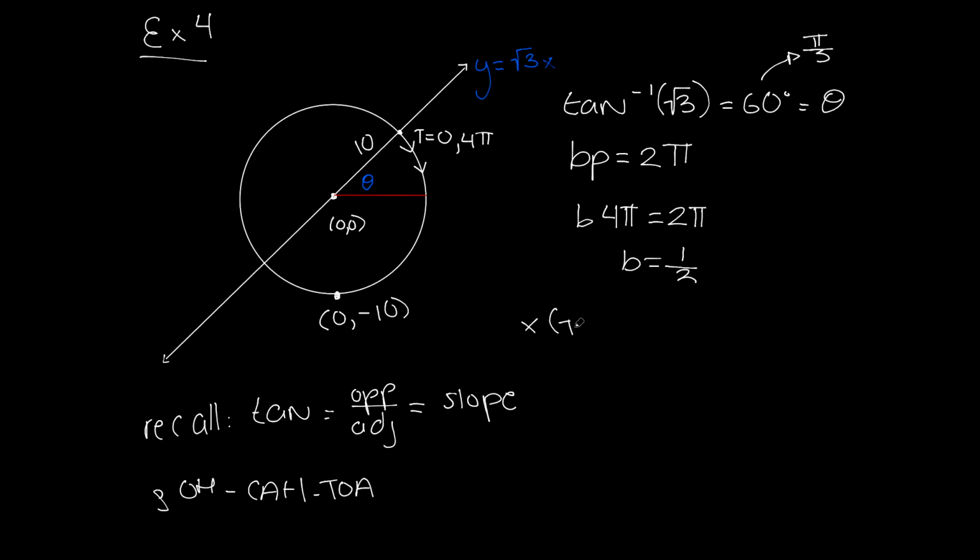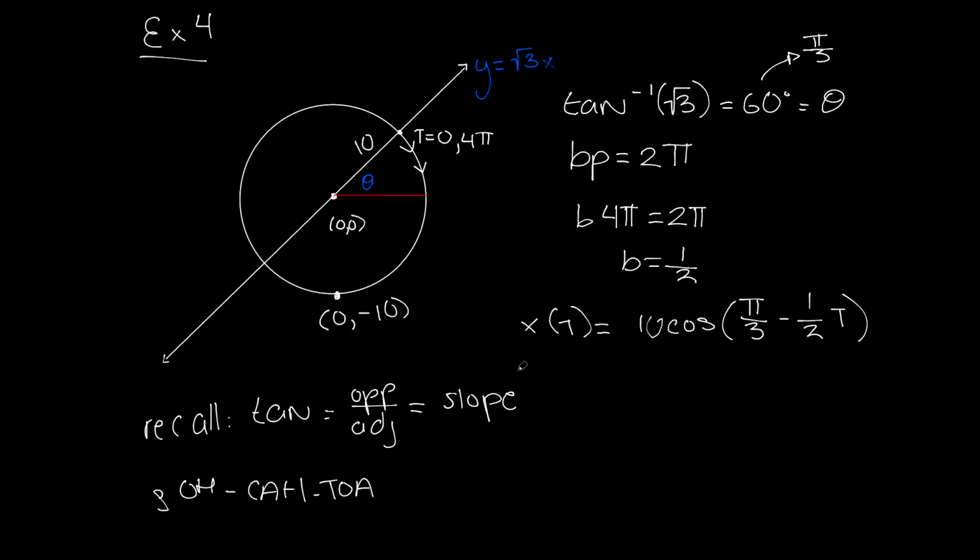So x of t, we're just going to equal our 10, because the radius, cosine. And now in the parentheses, we're going to have our angle deviation, so pi over 3. And since we're going negative, we have our minus 1/2, which is our b value, t.